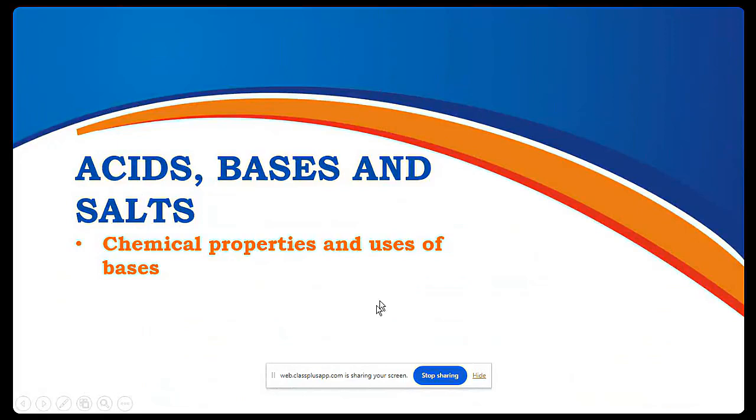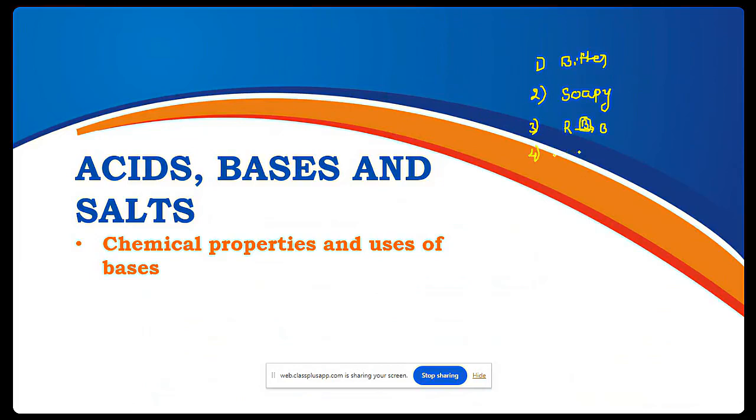Now let me see the sixth property. Before going to the sixth property, let me recall the first five properties. What are those first five properties? First property, bitter to taste. Is it right? Second property, soapy to touch. Third property, red litmus turns to blue, that is base.